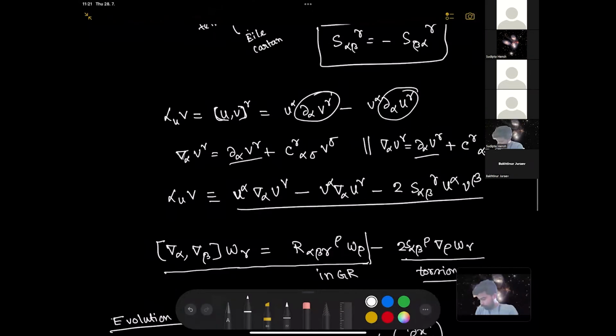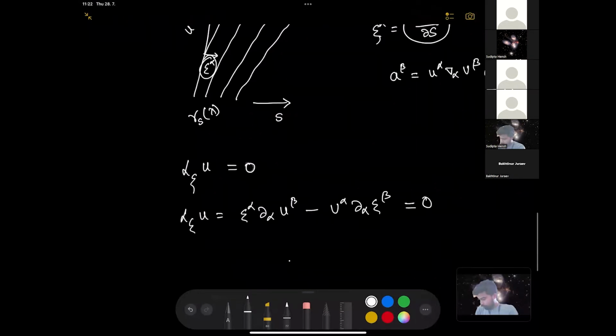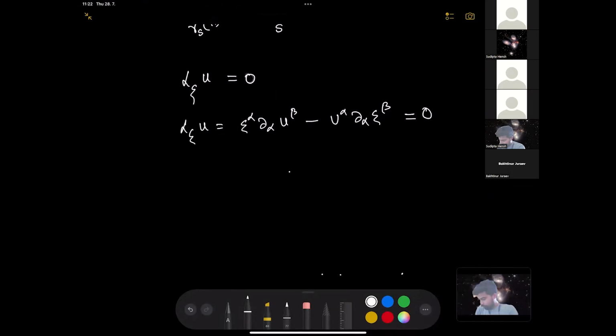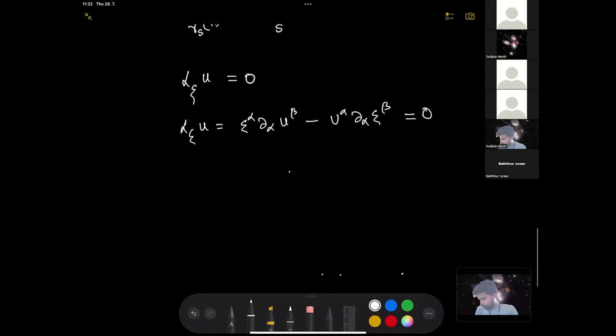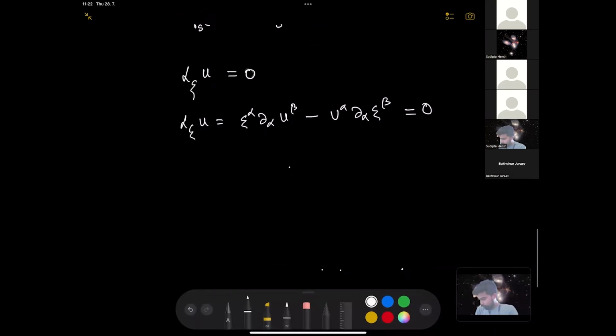If we use v instead of u, because it's our choice, and this xi instead of u, then we can write the expression.